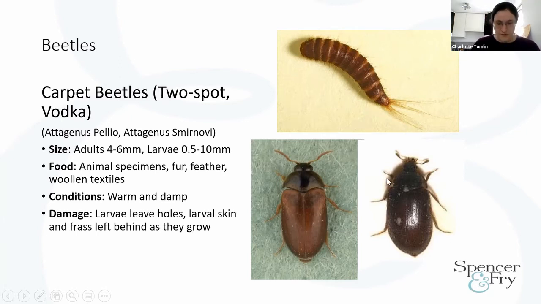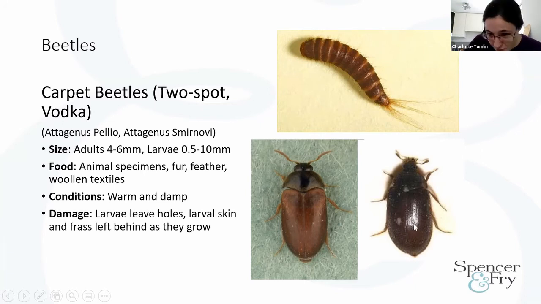And the beetles themselves can be told apart. So the one on the left is the vodka beetle. It's an oval brown beetle with a black thorax and head, and the wing cases are covered in little short hairs. And this is the two-spot beetle here.